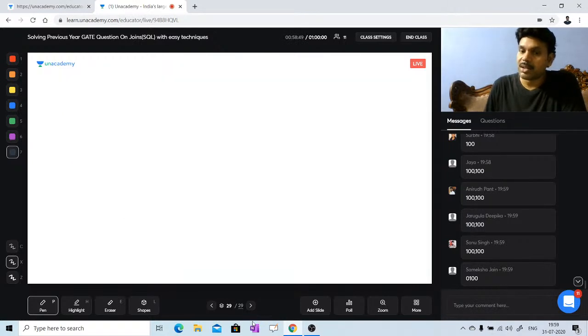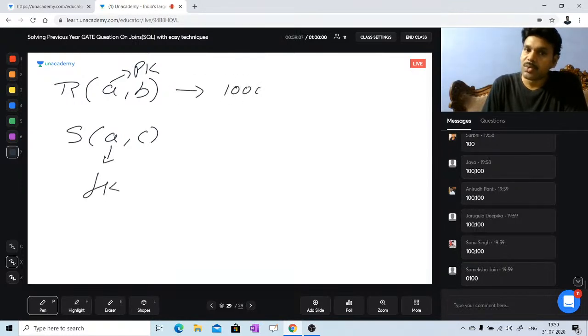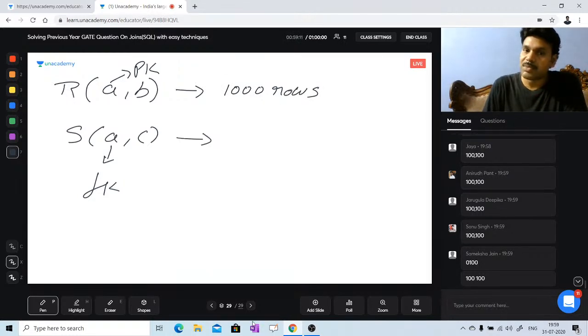Good analysis, all of you. I am saying R of AB, S of AC, this is your primary key, this is your foreign key. This has got 1000 rows, and this has got, please observe carefully, 500 rows.